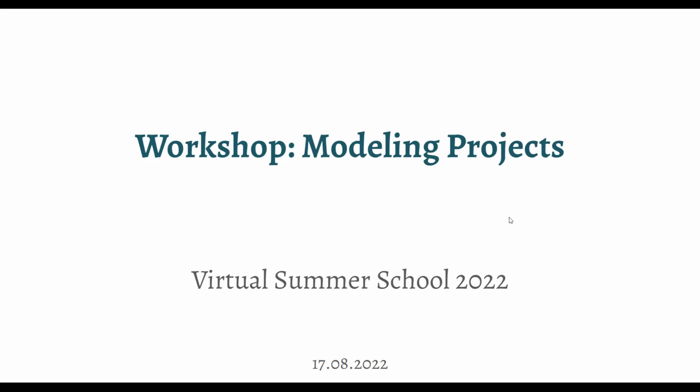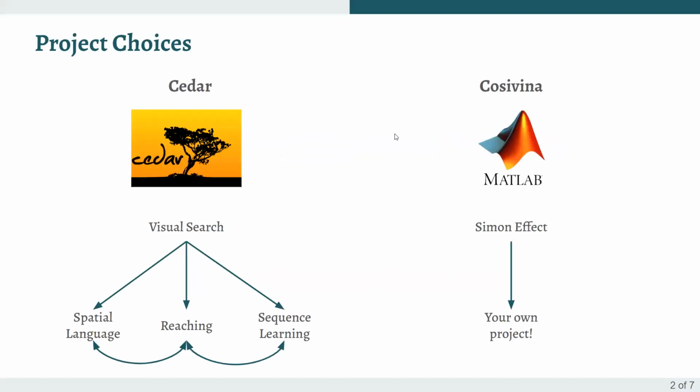And we have different projects depending on the two software frameworks that we mainly use, which would be Cedar, which you saw yesterday, or Covina, which Gregor also showed in his brief presentation yesterday. And why we offer projects of these two types is interesting to you because it really depends on your background which software framework suits you best.